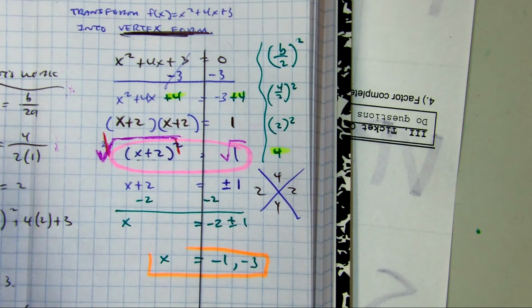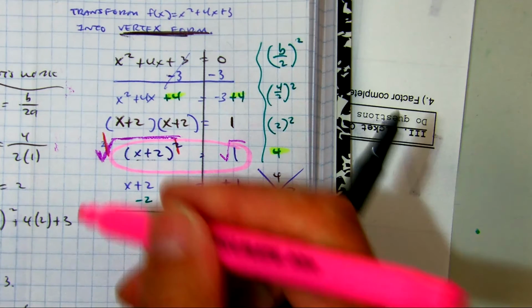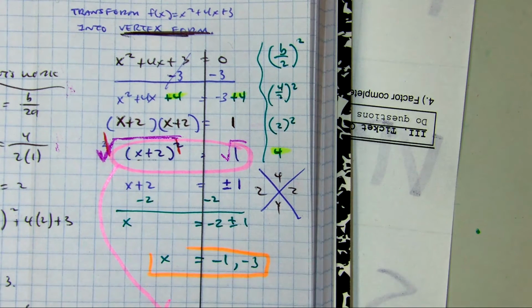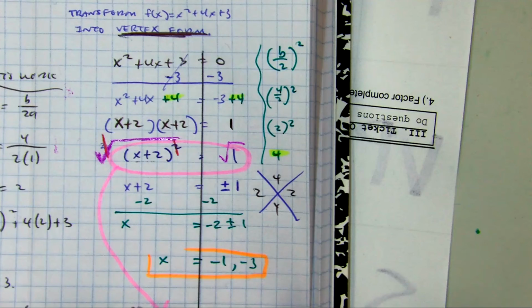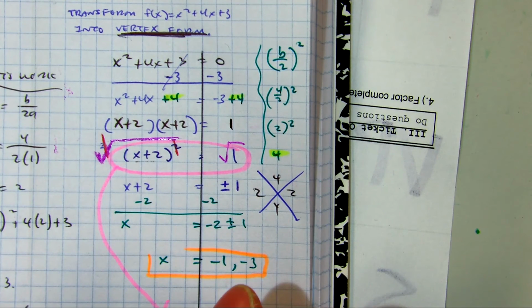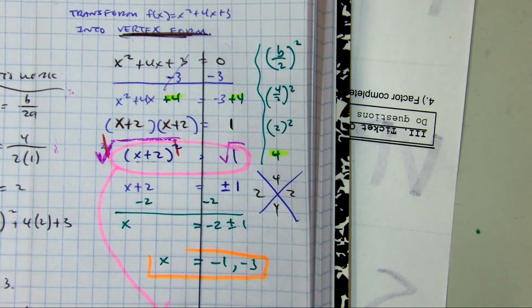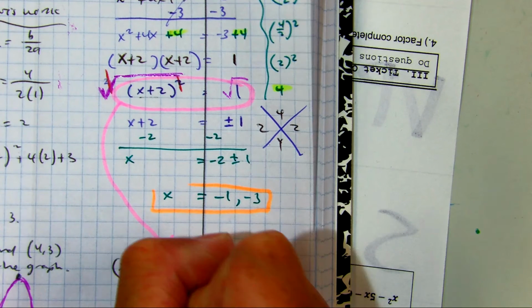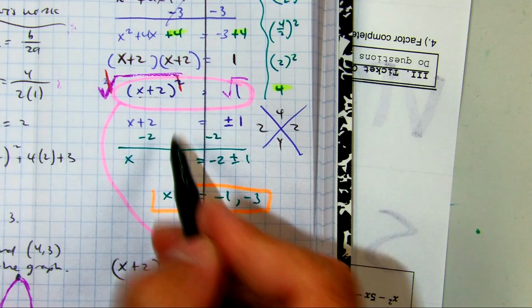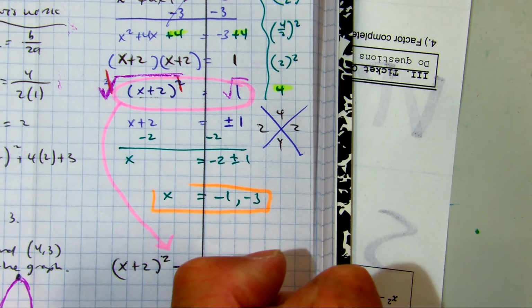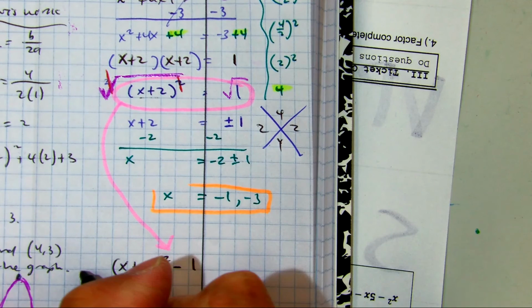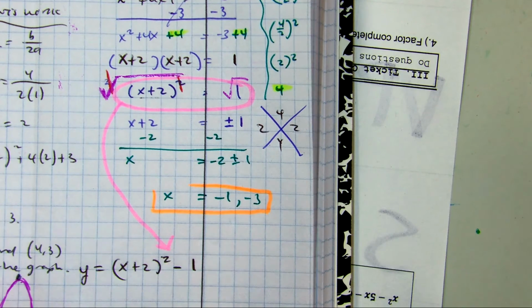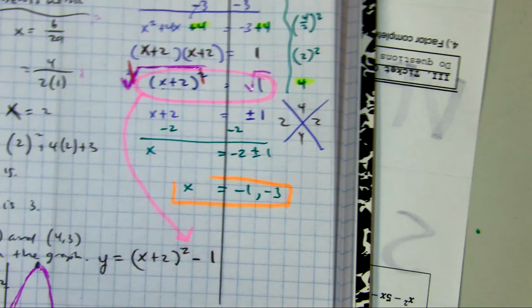Let's rewrite vertex form down here and show you how that's related to the graph. So now I'm going to put my x plus 2 squared. If you subtract the 1 over here, and you put a function in front of it like y, there is your vertex form.